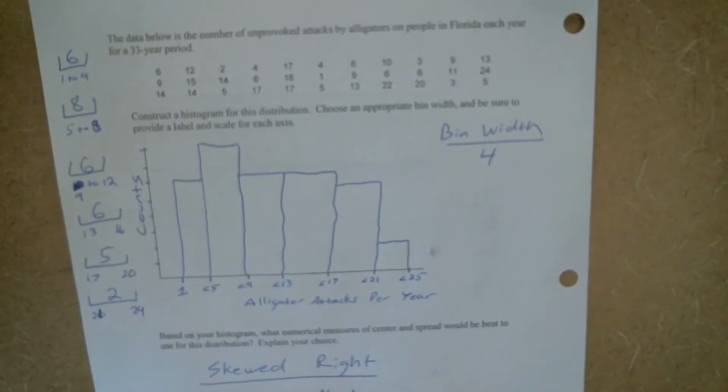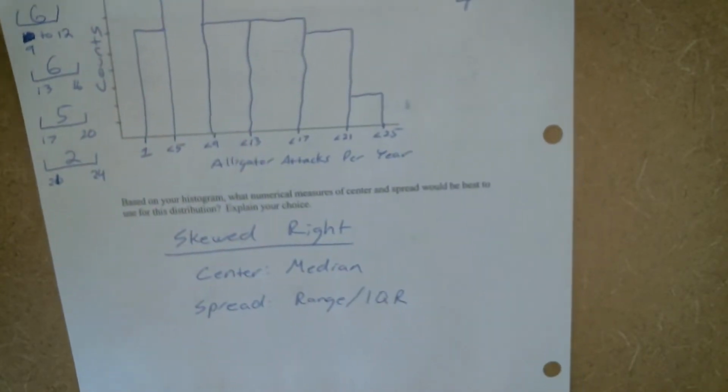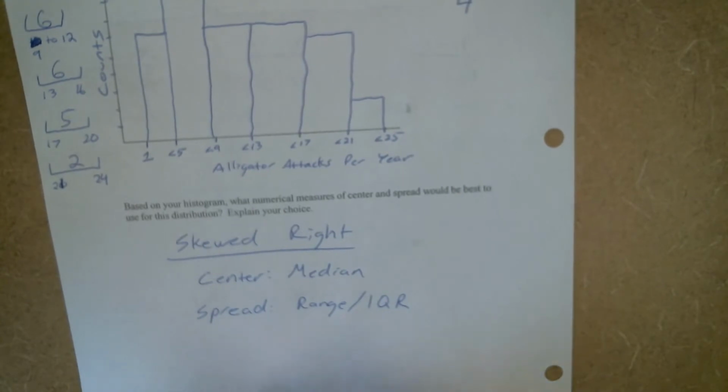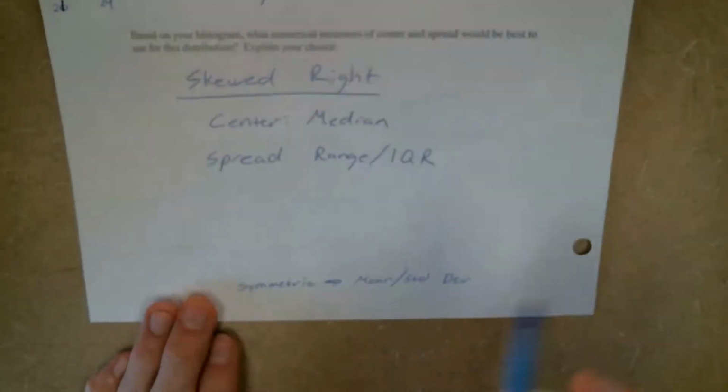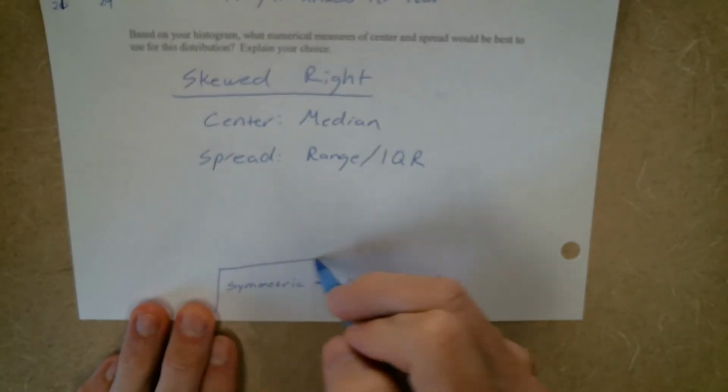If it had been symmetric, then we would have done mean and standard deviation. So just a side note here is that when something is symmetric, that's when we use the mean and standard deviation.